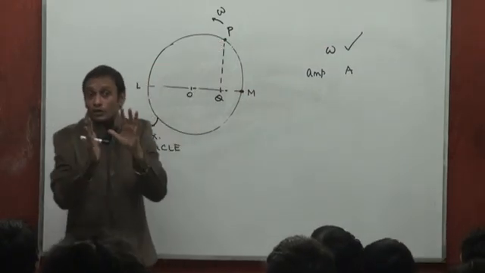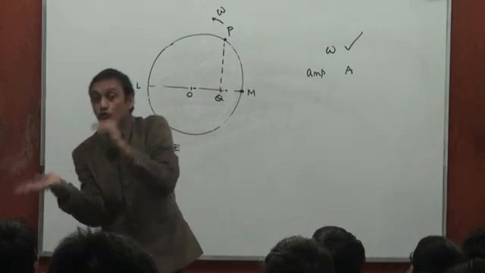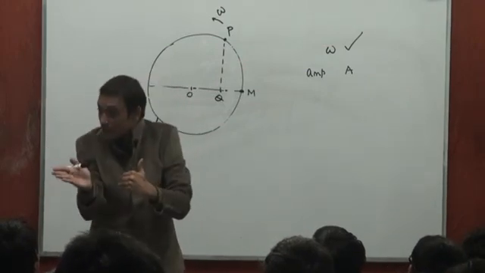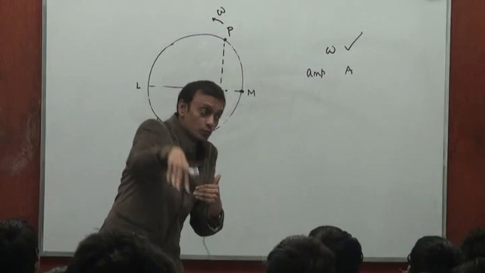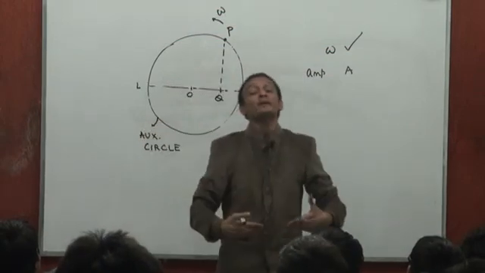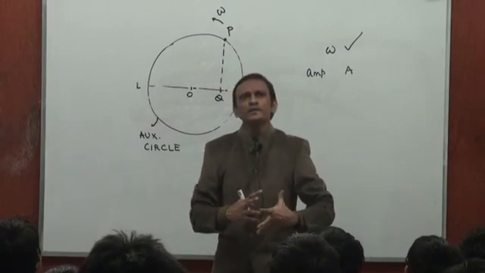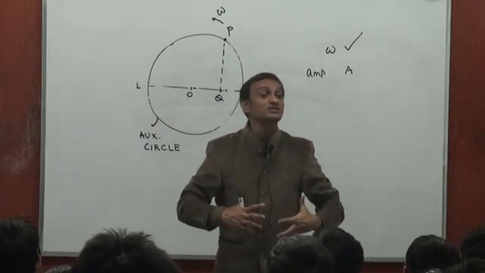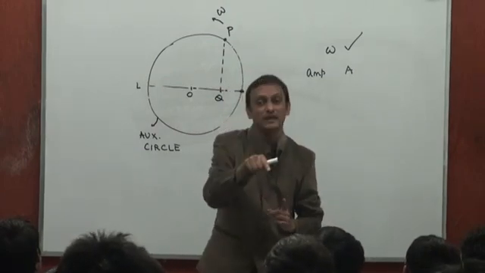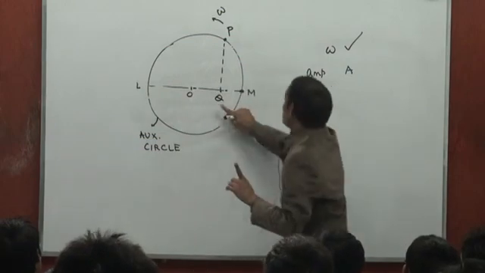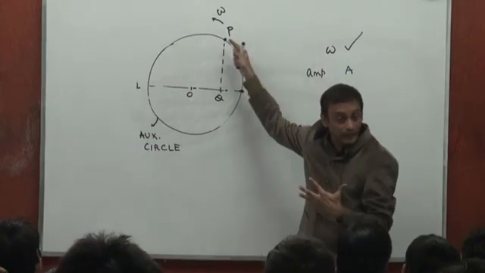And since I can map the motion of Q onto P, it becomes really easy for me to describe the motion of Q or to find out various things about Q by looking at P. Instead of dealing with Q, I could actually deal with P.